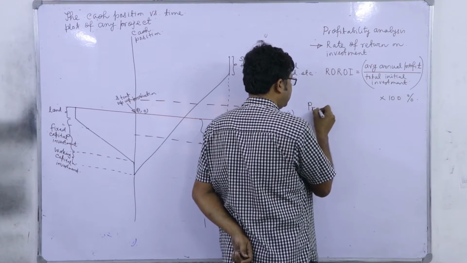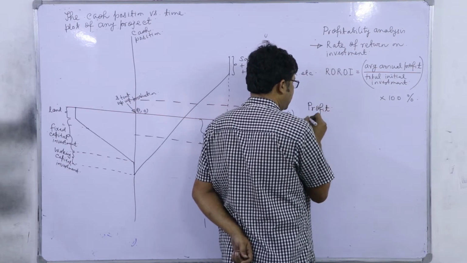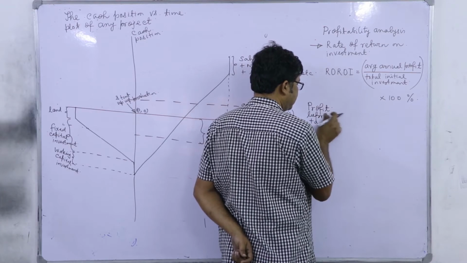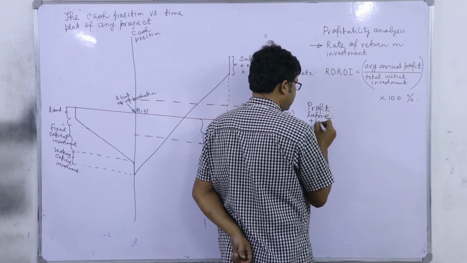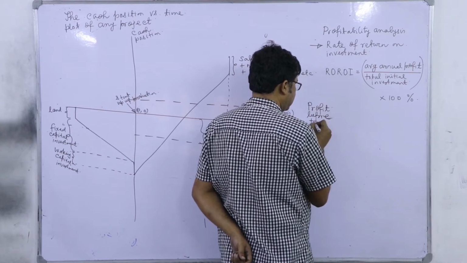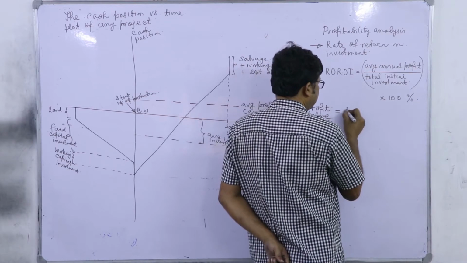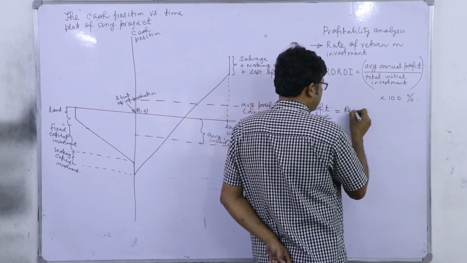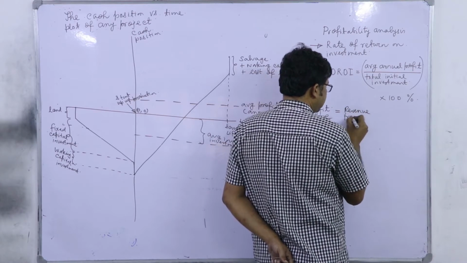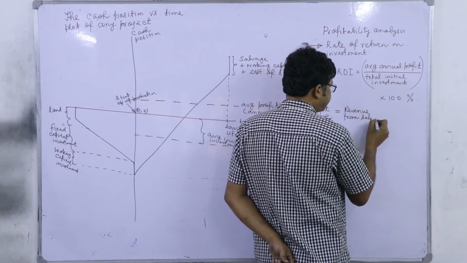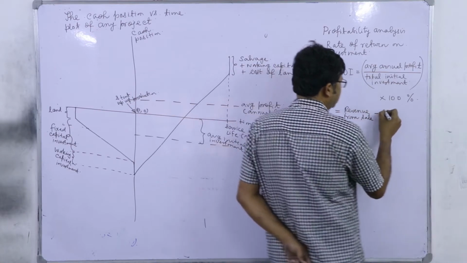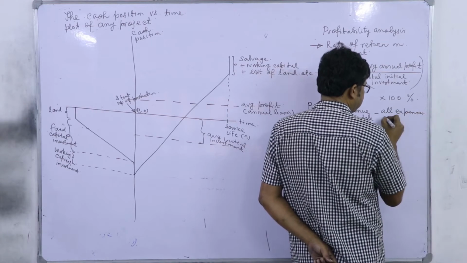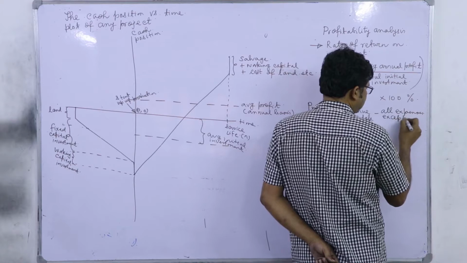The profit before tax is the revenue from sale minus all expenses except depreciation.